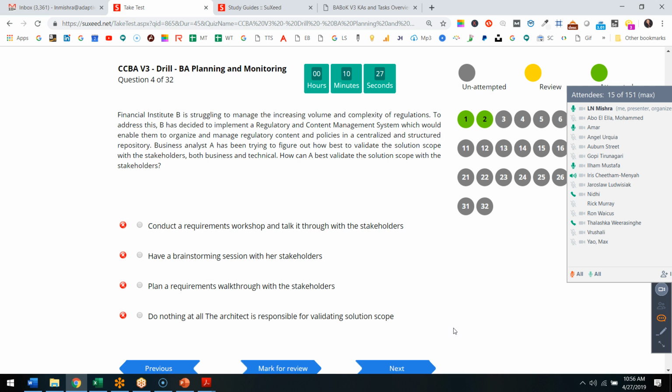Can I change my answer to C? Okay, no problem. You can change. Let me listen from Ilham. What does C say? Okay.